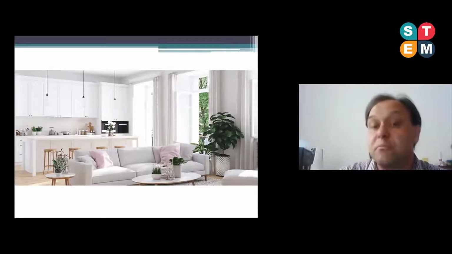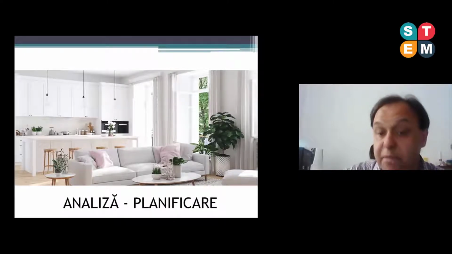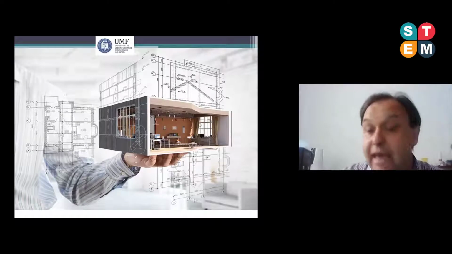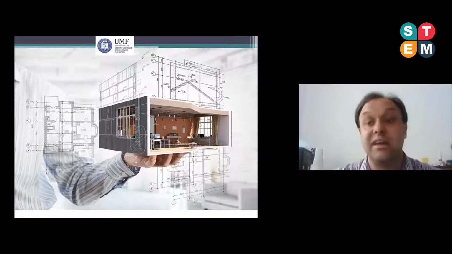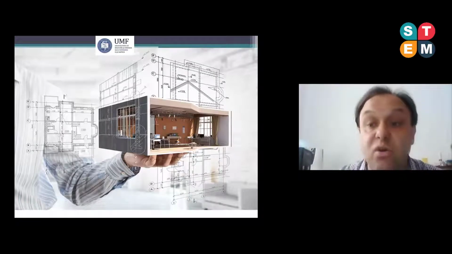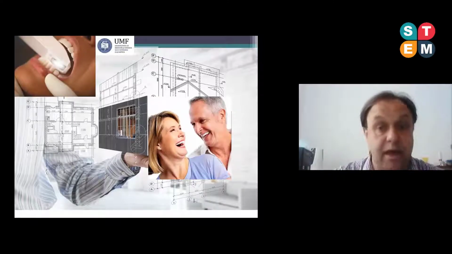The reconstruction must resist. That is very important, because we need analysis and planning. Like a house, the reconstruction is very important as a resistant structure, but also for a beautiful aspect.